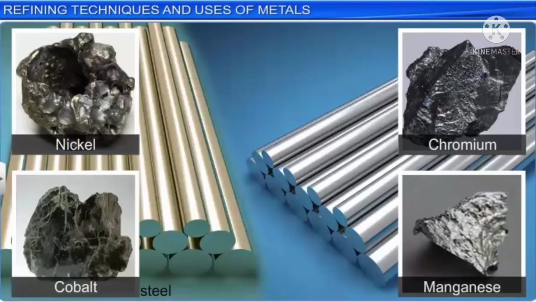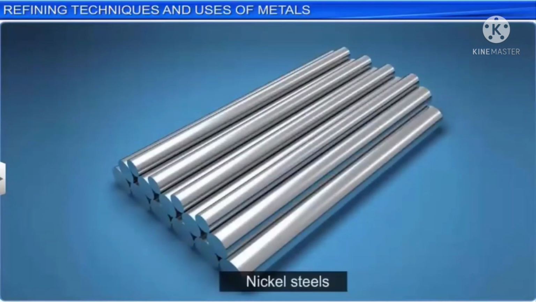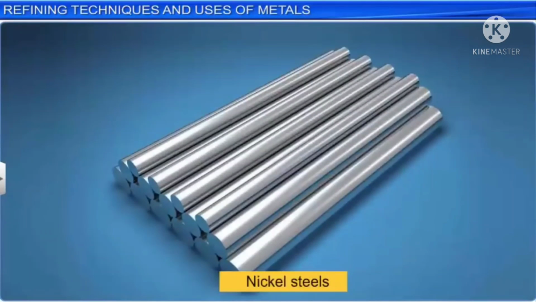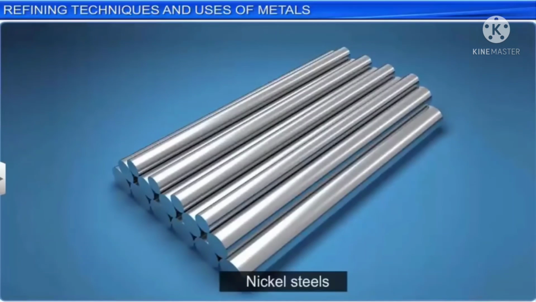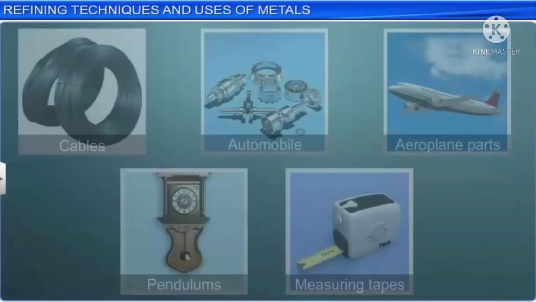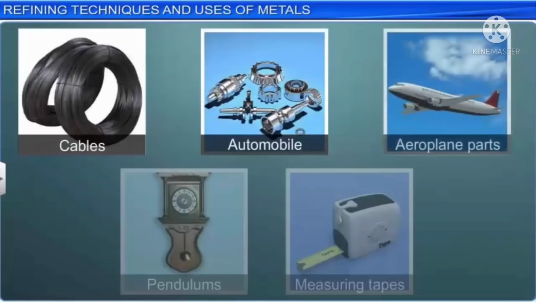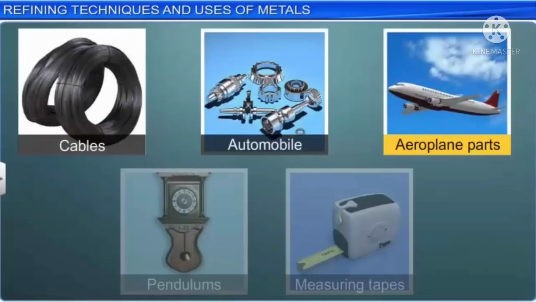For example, nickel steels, which have varying amounts of iron and nickel, are resistant to wear and tear and can withstand mechanical shock. Hence, nickel steels are used for making cables, automobile, aeroplane parts, pendulums, and measuring tapes.